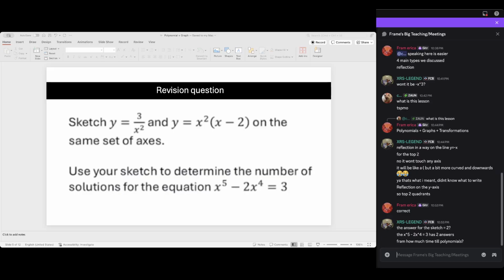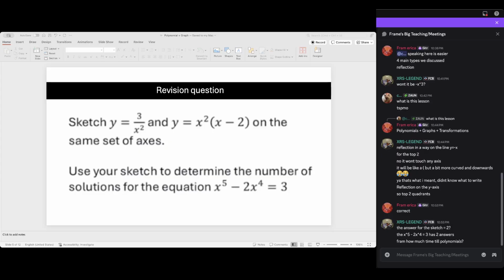We have around 15 minutes. The equation has 2 answers. You can see how x to the power 5 and x to the power 4 has a common factor here.